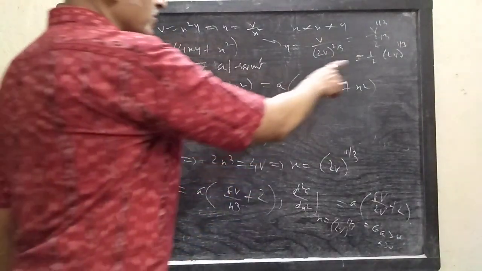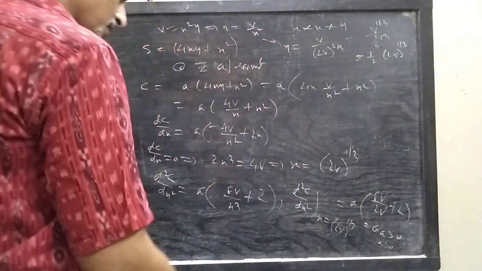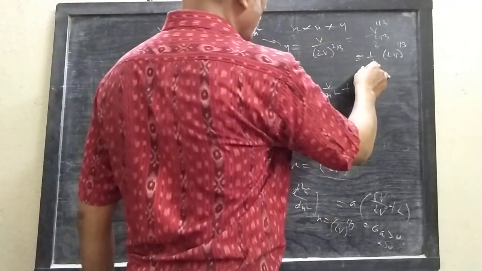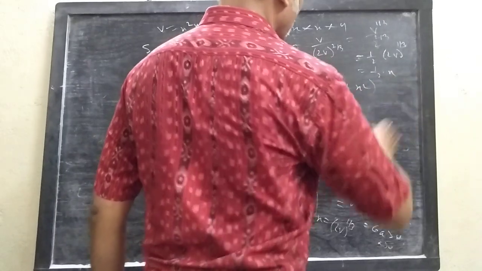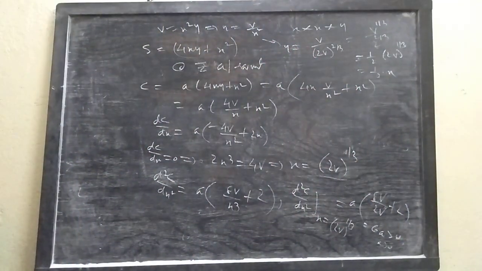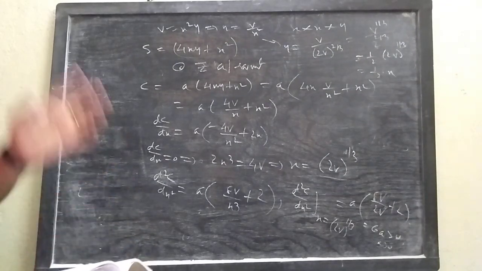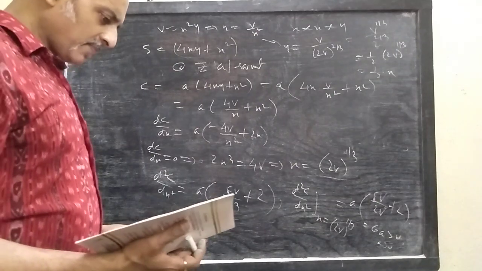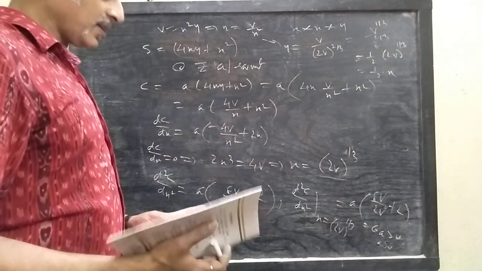You get y equals half into 2b to the power 1/3. This is value of x. So your height will be half the length of each side of the square base. This was asked to prove here. Show that the cost of material will be least when depth of the tank is half its width.